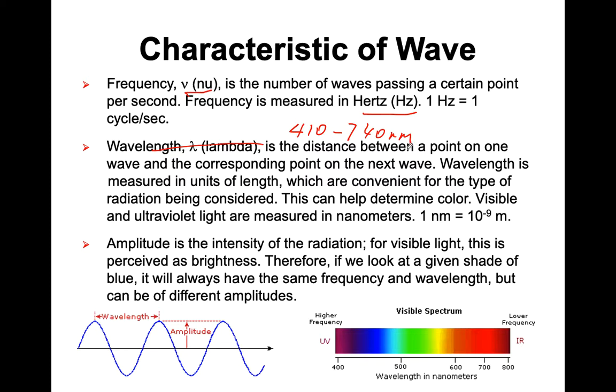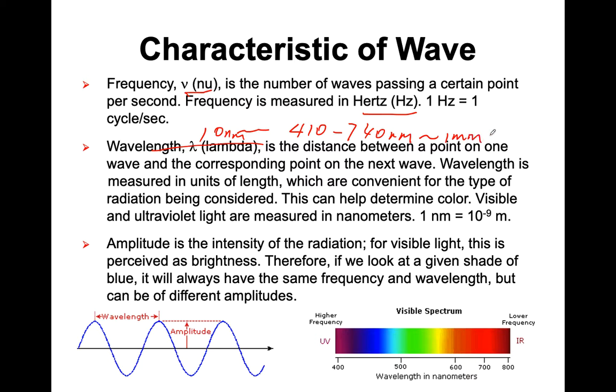The wave with wavelengths less than 410 nanometers is known as ultraviolet, which has wavelengths from 410 to around 10 nanometers. Whereas the one with wavelengths from 740 nanometers to 1 millimeter is known as infrared.